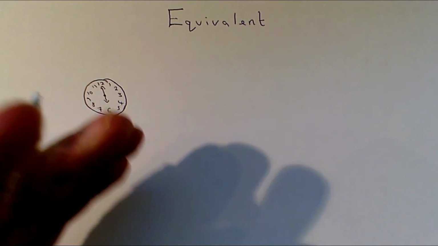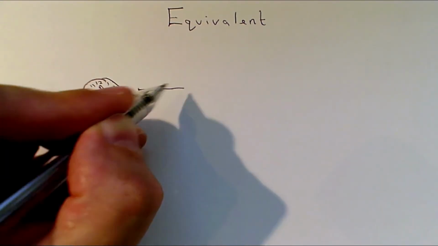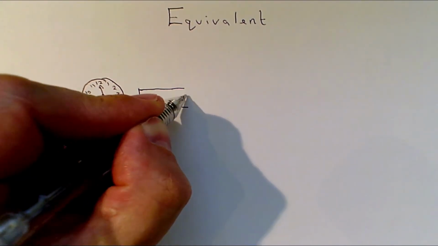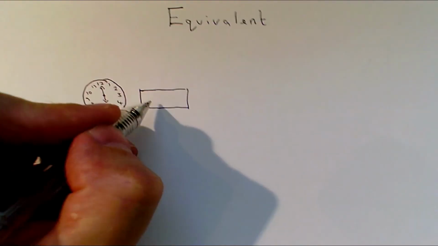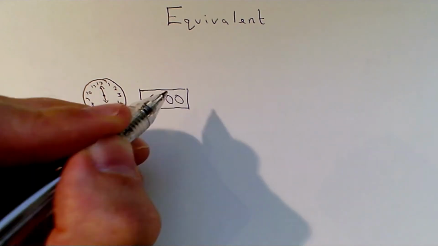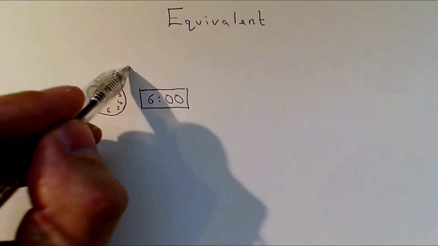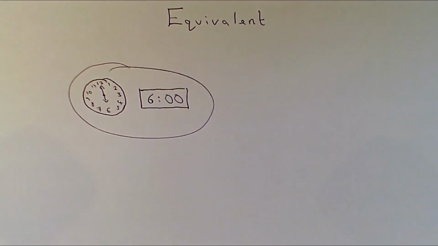But you might also see up on a wall, or on a watch, a digital clock that might also say it's 6 o'clock. They're equivalent. They're doing the same thing. They're telling the time. They're telling you what the time is. They are equivalent.